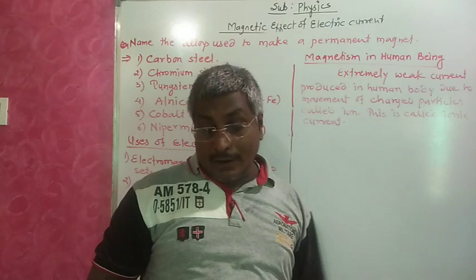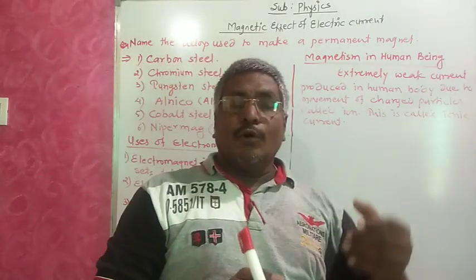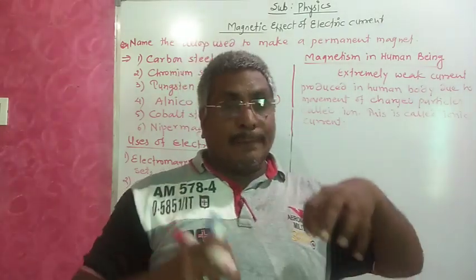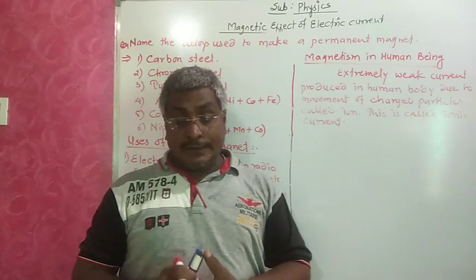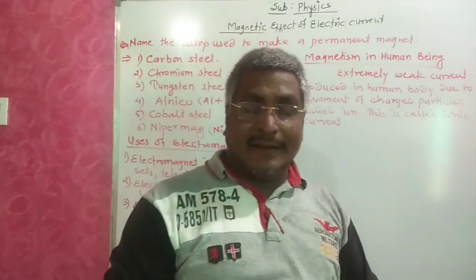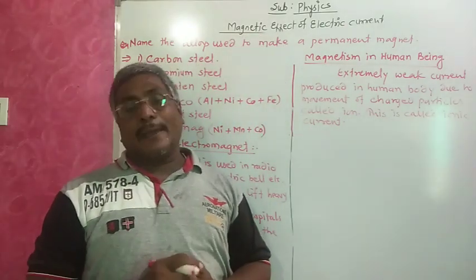That current we call ionic current. Due to the flow of ionic current, a magnetic field is produced in our body. That magnetic field is very weak as compared to the Earth's magnetism.